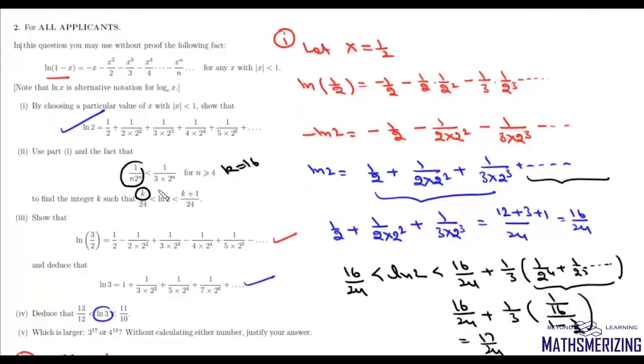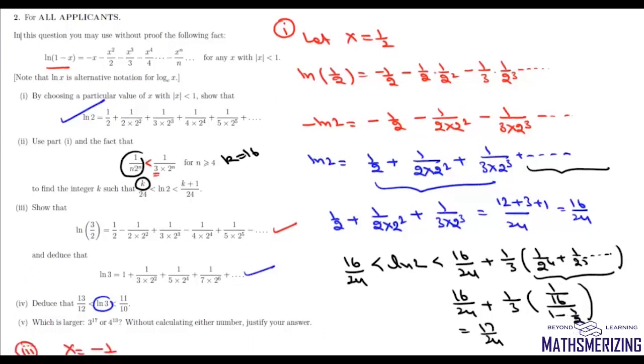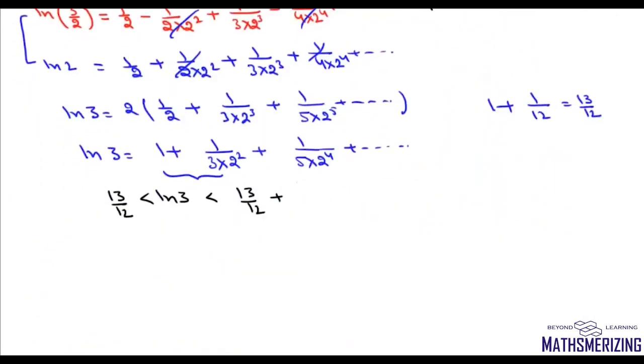Now, as we have used in question number 2, that 1 upon n into 2 to the power n is less than 1 upon 3 into 2 to the power n. Here we'll take 5 rather than 3. So we can write this as 1 by 5 and then 1 upon 2 to the power 4 plus 1 upon 2 to the power 6 up to infinite.